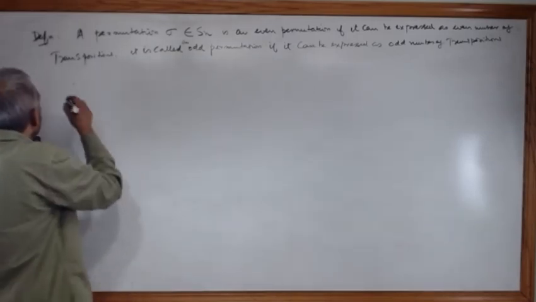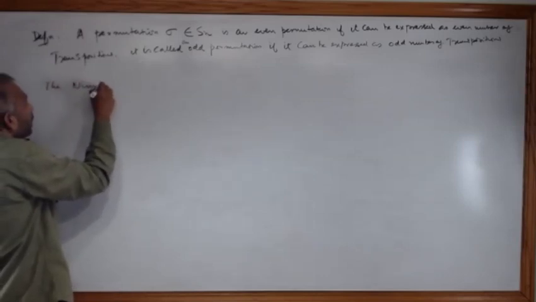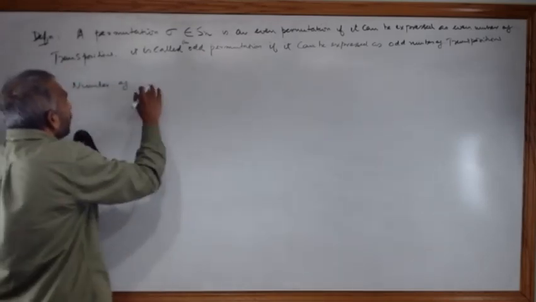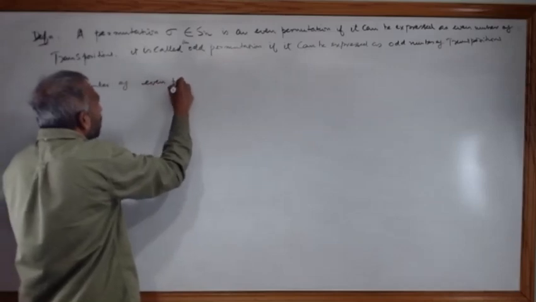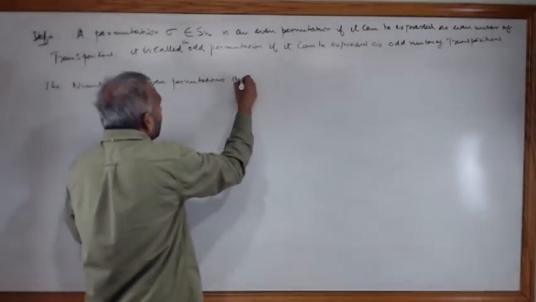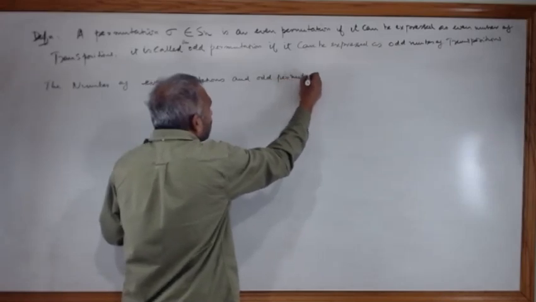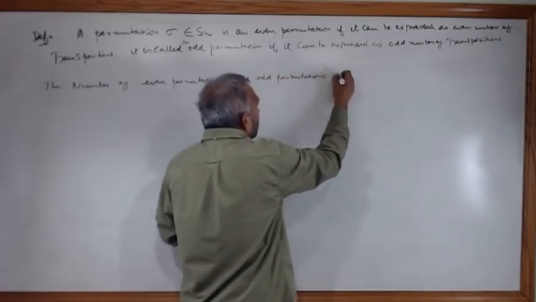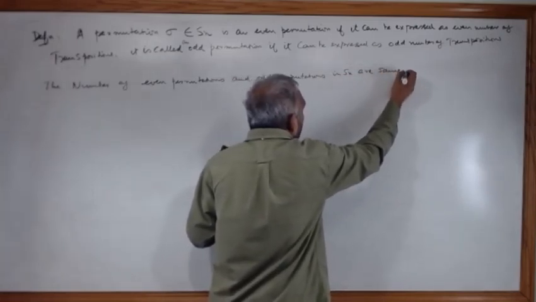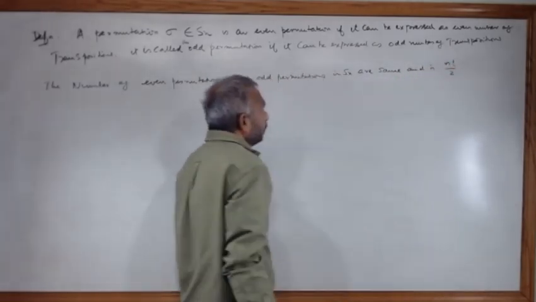So our next result is that the number of even permutations and odd permutations in Sn are the same, and is n factorial by 2.